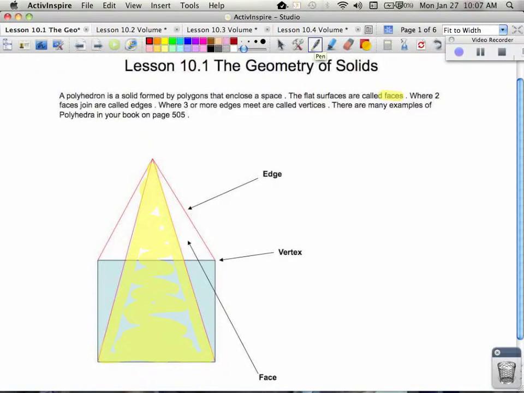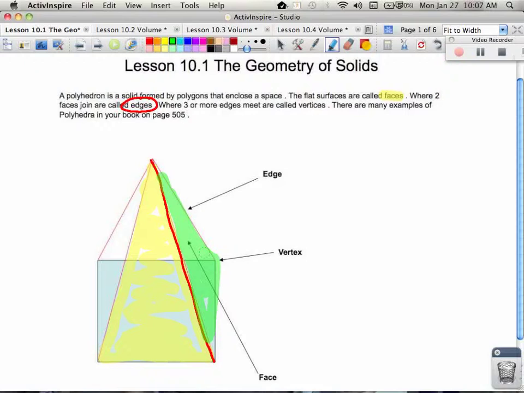We have edges where two faces are coming together. For example, right here on the right side of that yellow triangle is an edge, because there is another face. If I look at the second face in green here, which is another triangle, those two faces are meeting at that edge.